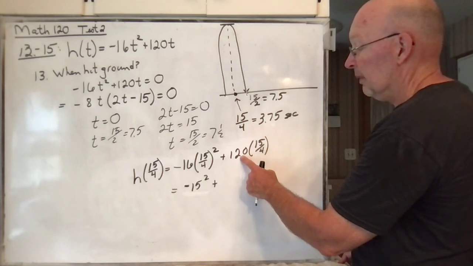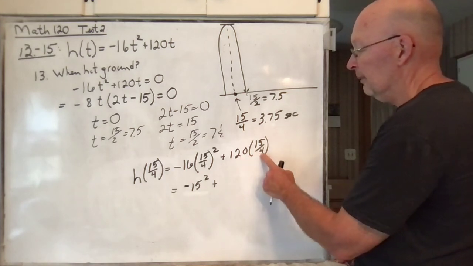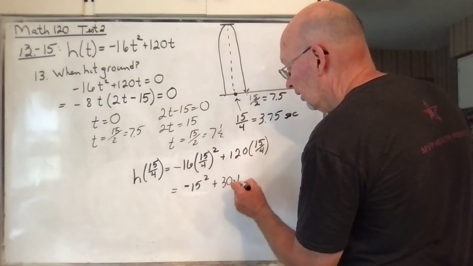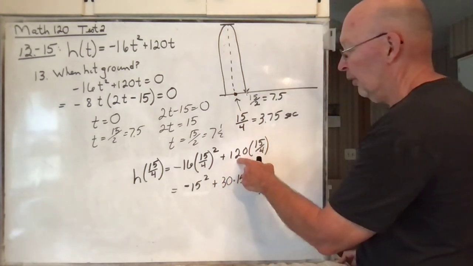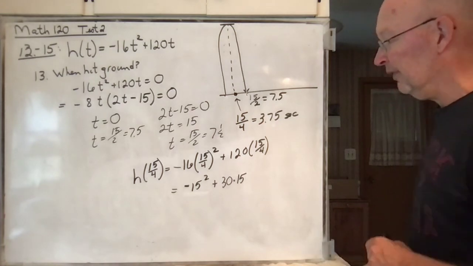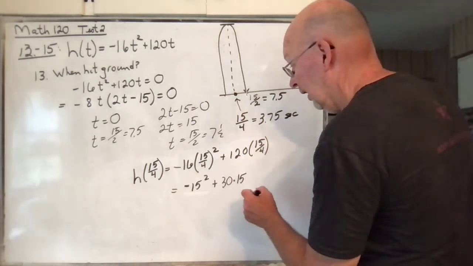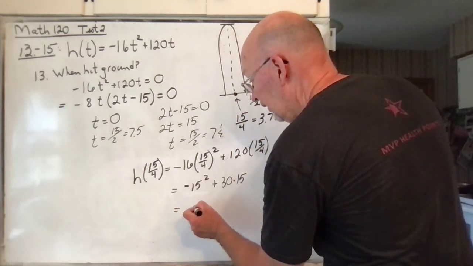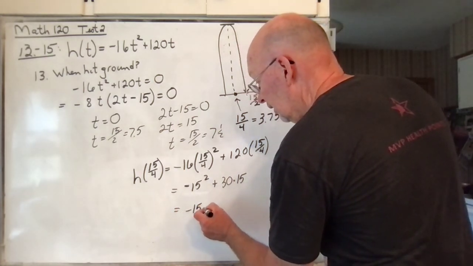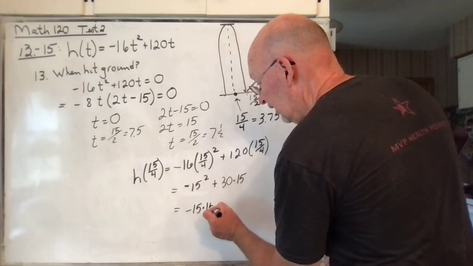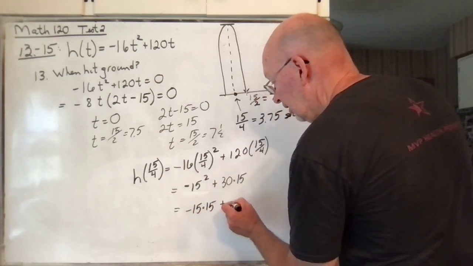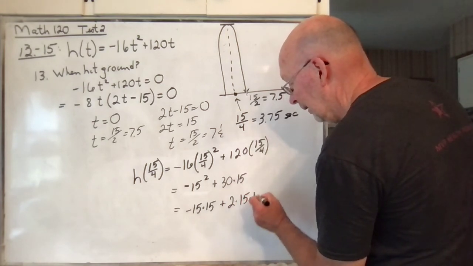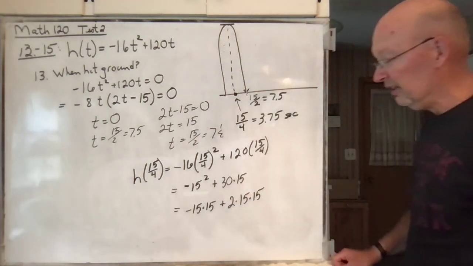And then plus, what do I have here? 120 divided by 4 is 30. So I have 30 times 15. And 30 is just 15 times 2. So this is negative 15 times 15 plus 2 times 15 times 15, because that's what 30 is.